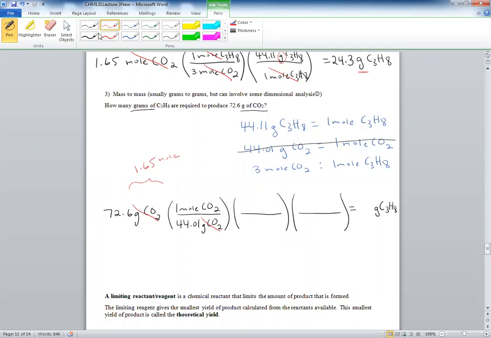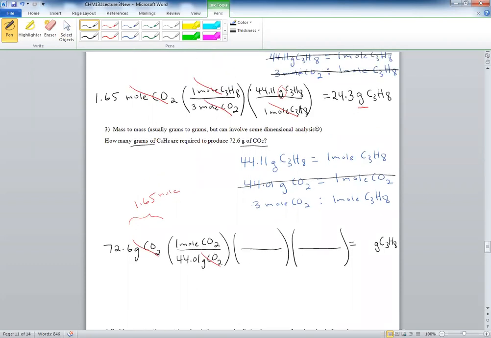But let's continue. So if we use this one, is it going to be any different than these? Nope. I'm going to continue now. So what would come next? It would be moles of CO2 on the bottom here. So we would have to use this. And then 1 mole of C3H8. What should come next is the last one.